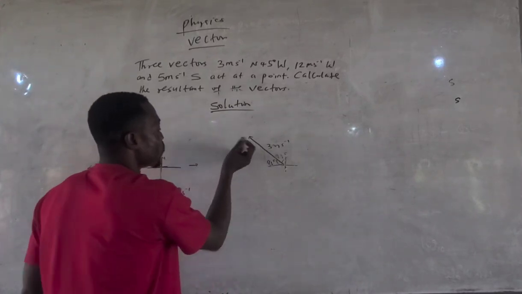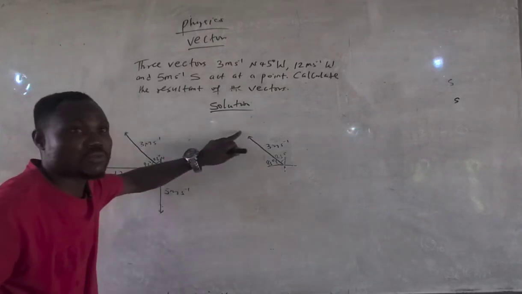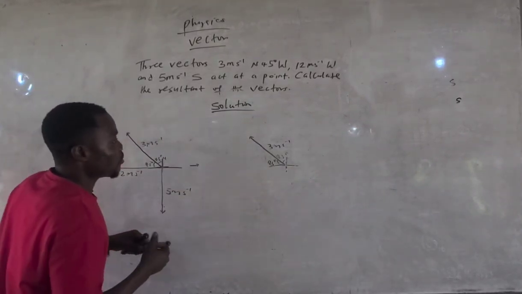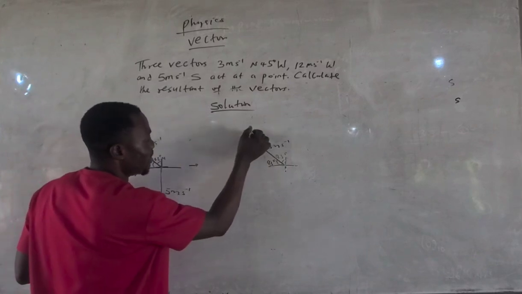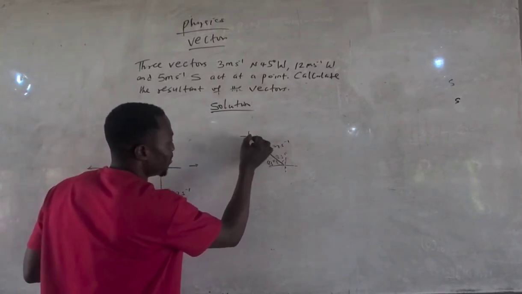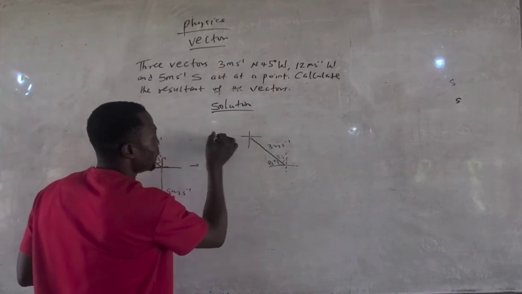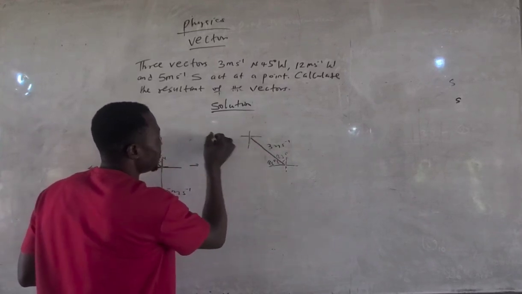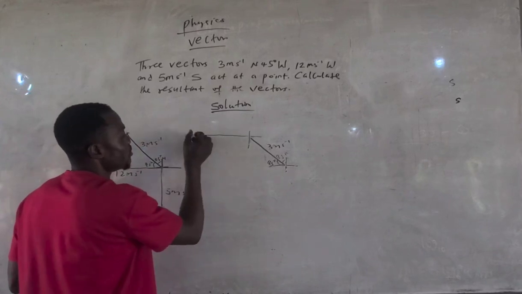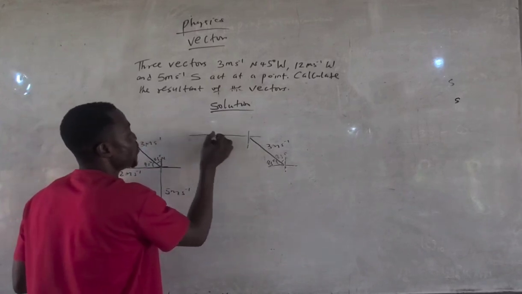So from the head of this one, where this one stops, we will take the second one, 12 meters per second. If we define another cardinal point here, the 12 meters per second is acting towards the west.